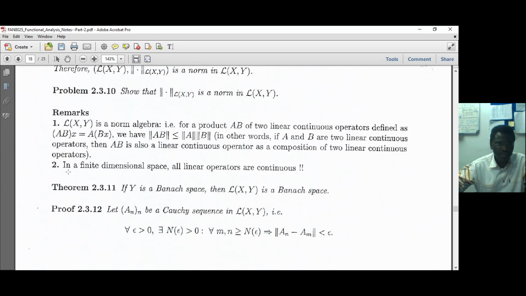And we already mentioned this second point, that in a finite dimensional space, all linear operators are continuous. It's the same for matrices. If you take a matrix norm in a finite dimensional space, they are continuous, they are bounded.